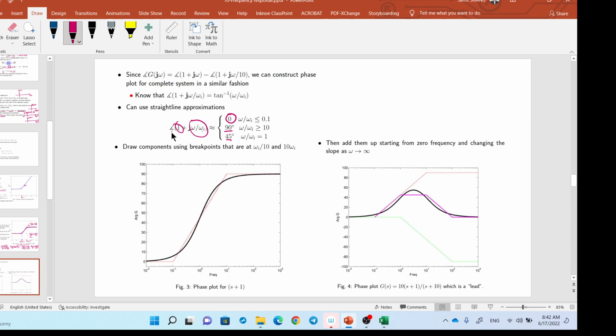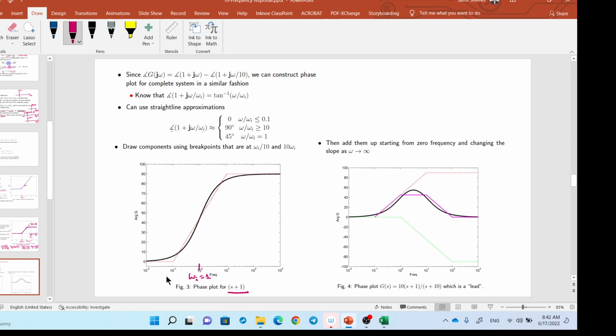So on the horizontal axis, you scale omega I. In this case, for s plus 1, omega I is 1 here. Omega I equal to 1.